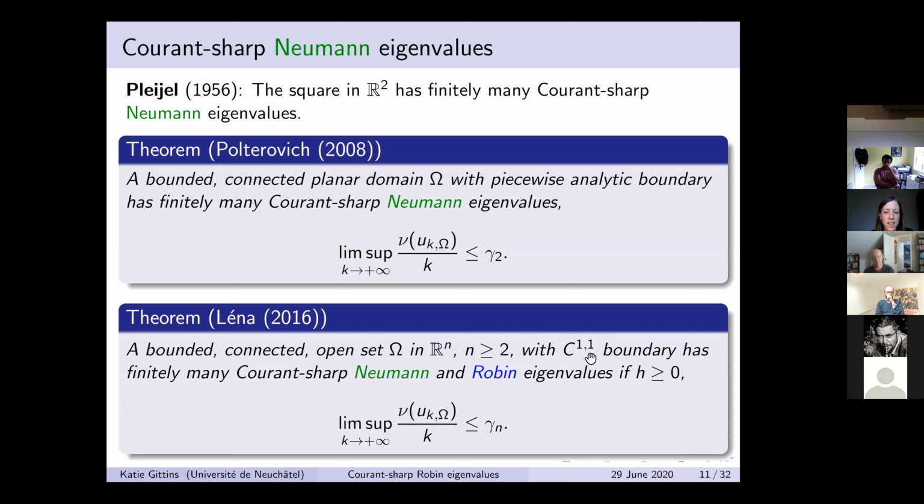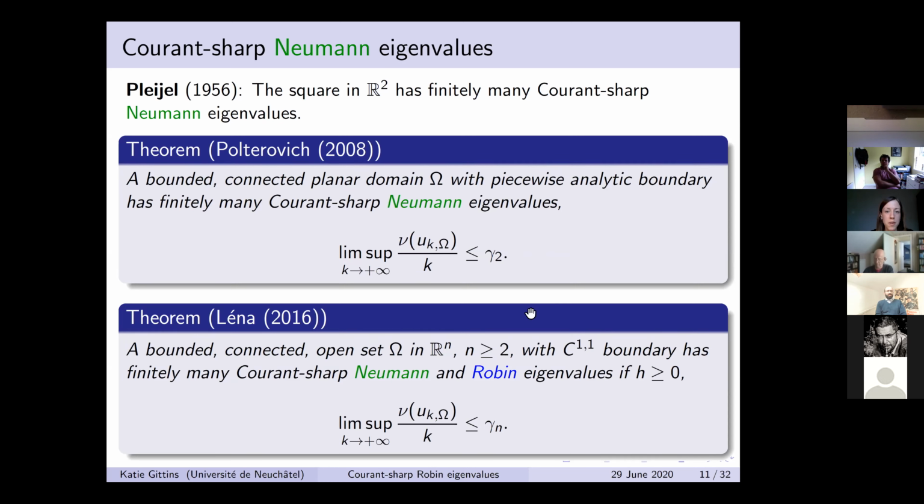The C^{1,1} condition here we can think of as the rolling ball condition, that you would be able to roll a ball all around the boundary. For the case h negative, to the best of my knowledge, there isn't at present a general result. Later I hope to tell you something, at least about the square for h negative.